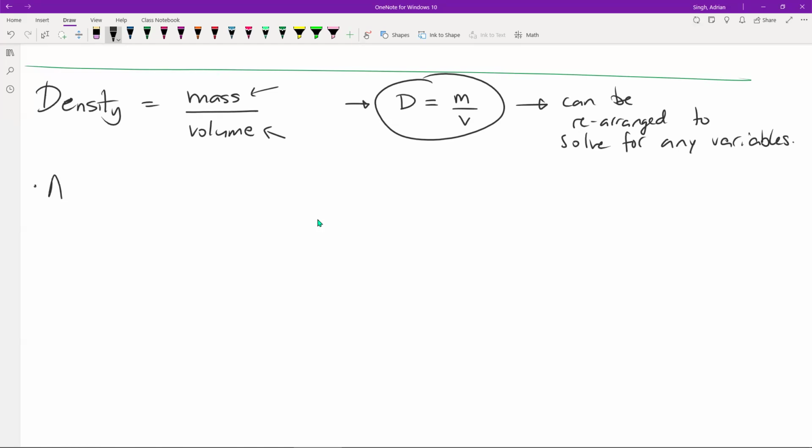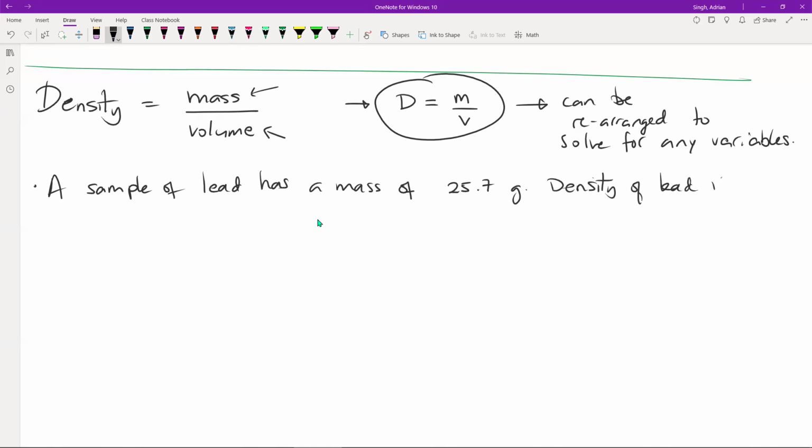So let's say a sample of lead has a mass of 25.7 grams, and then we're told that the density of lead is 11.3 grams per cubic centimeter. And we need to figure out what is the volume of this lead.